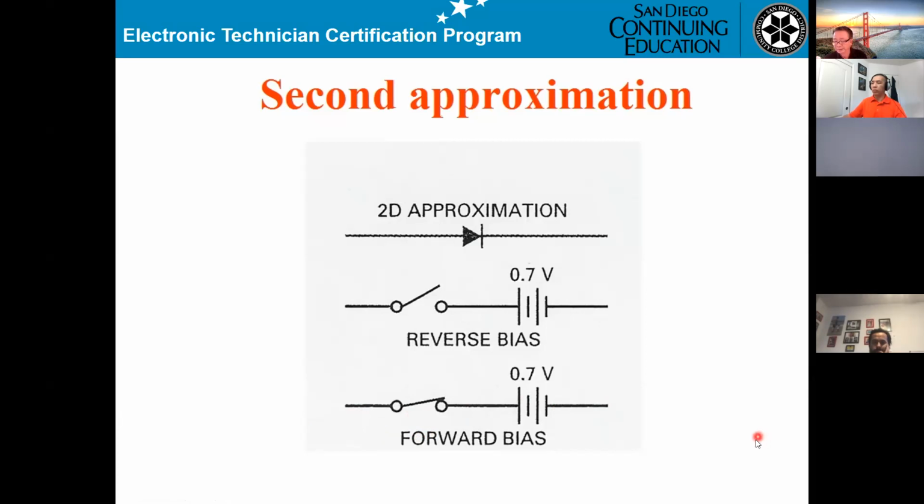Okay, and when you try to solve a diode problem, you're not using the symbol anymore. You must substitute that symbol with a battery. The value will be 0.7.